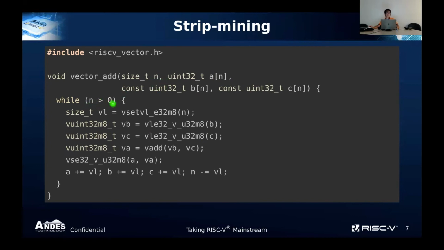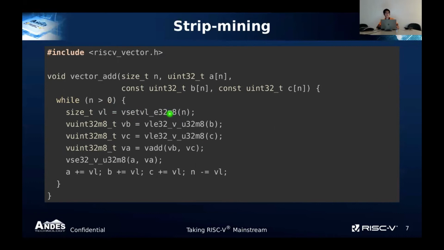In the loop computation, we check if we still have work to do, and if that's true, then in the body we call the VSETVL with the element type we want and the desired element count, and this VSETVL will return the VL, which is the number of elements we will process in this iteration.